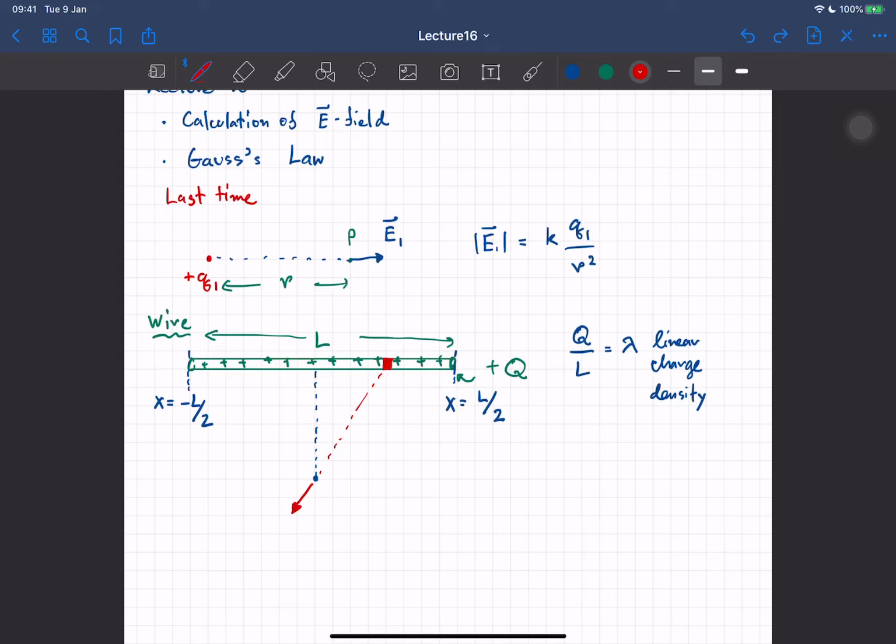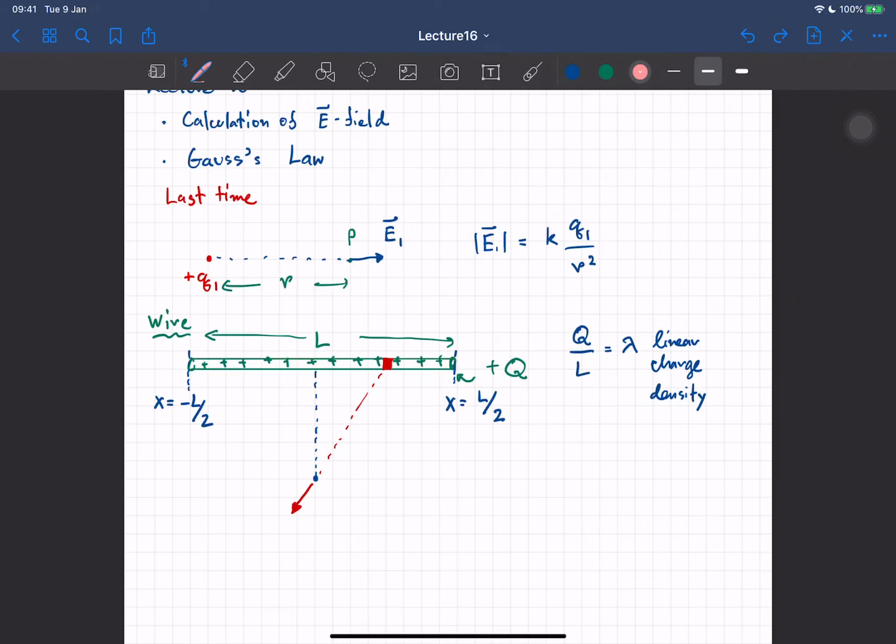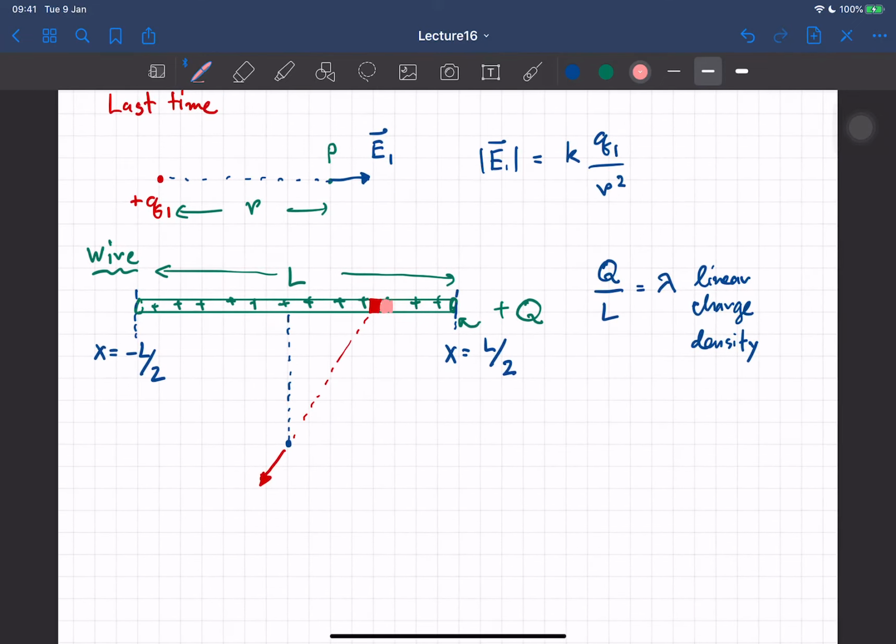Once we are done, we just move on to a different section. The next one, like here. And then we also write down the electric field from that section. That's going to be a little bit further away, so the direction will be something like this. And then you do the same. You just keep on moving.